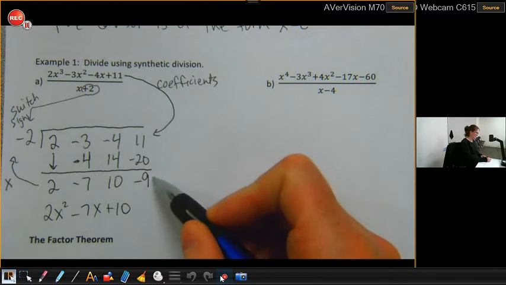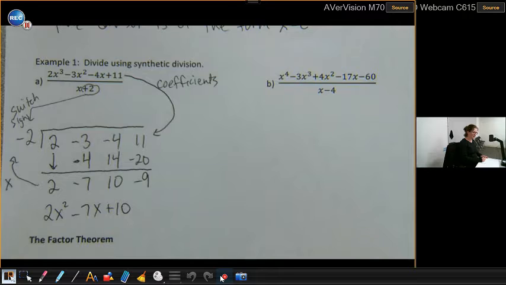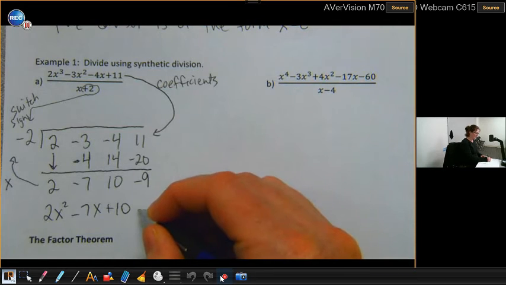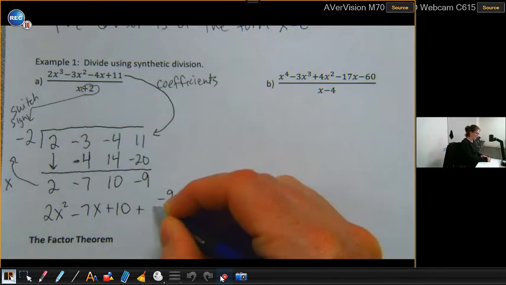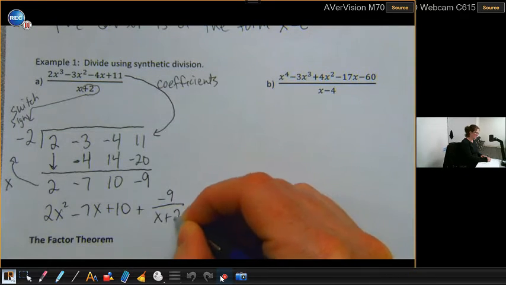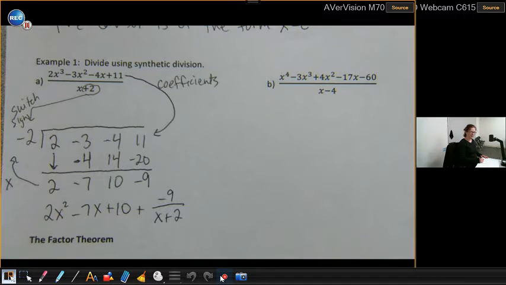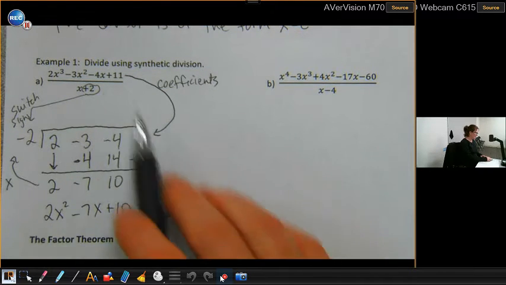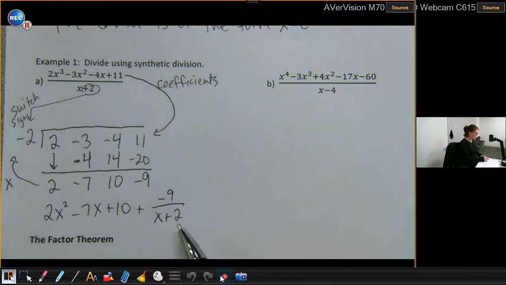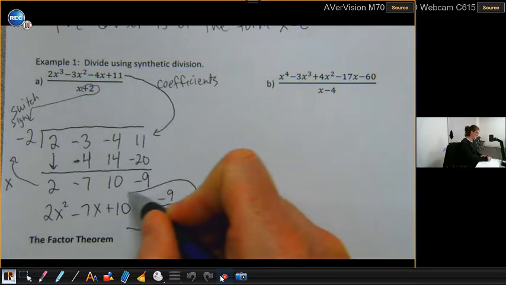So this last is the remainder. So I'm going to have plus negative 9 over x plus 2. And that's how you would write your remainder. Whatever this value is, that's the numerator. The denominator is what you were dividing by initially. You could just make this a negative sign in the front instead of plus minus, but this way works also.